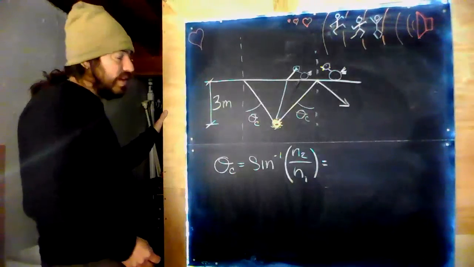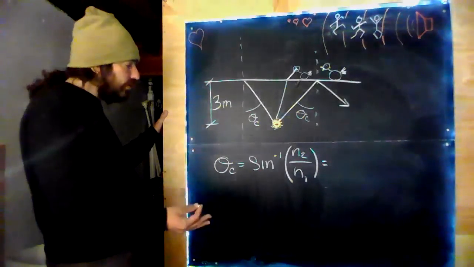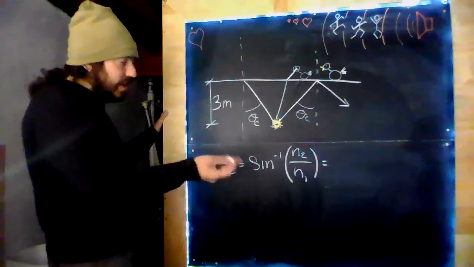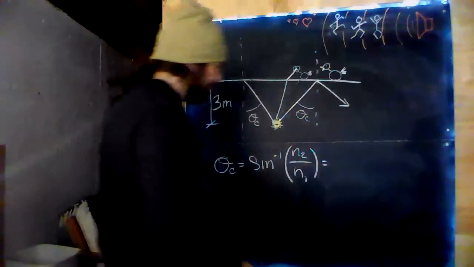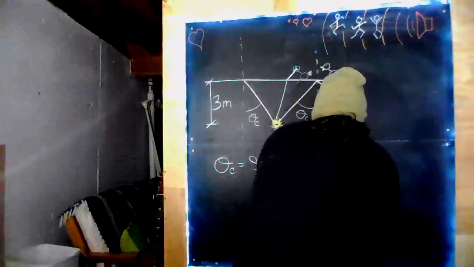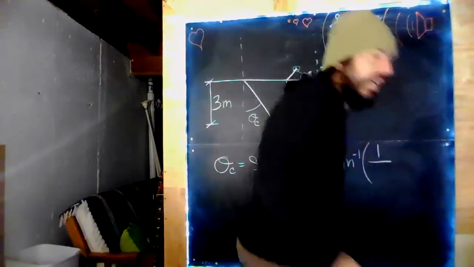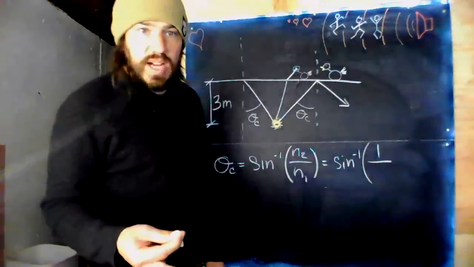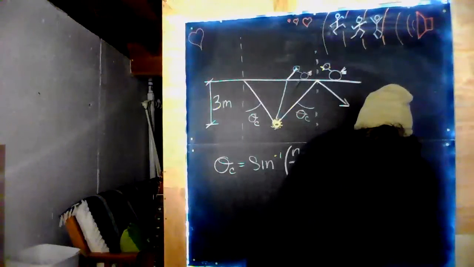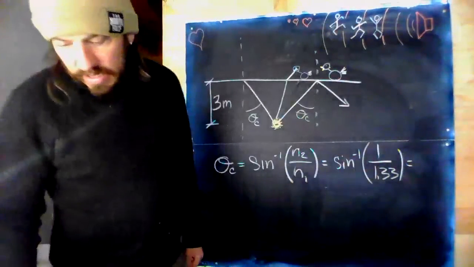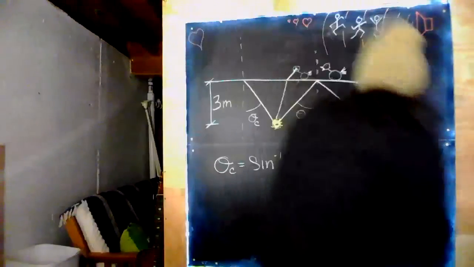Now, which is which? Well, we've got water and air. In order for our calculator to not yell at us, we just have to put the small one on top. And it tells us that the index of refraction of water is 1.33. And so we run our calculator, and we get 48.7 degrees.